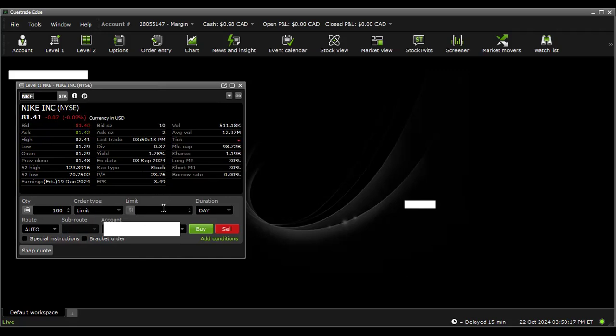But for our example, we put 81.70. If you were buying at this point, when we were making the example, you would put that. But if you're not buying now, you can use this one. And then the duration is good until canceled. So you're not doing the limit order, you can do the market order.